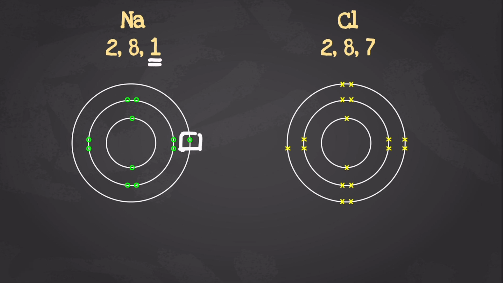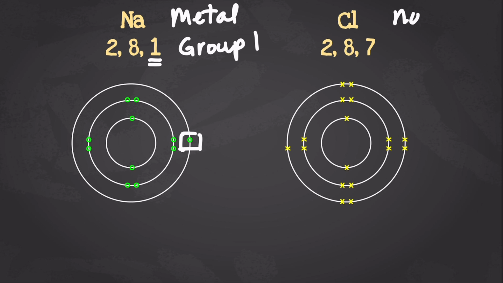Chlorine is a group 7 non-metal, a gas. So sodium is a metal from group 1, while chlorine is a non-metal, which is a gas from group 7. So that means it has 1, 2, 3, 4, 5, 6, 7 electrons in its outer shell.